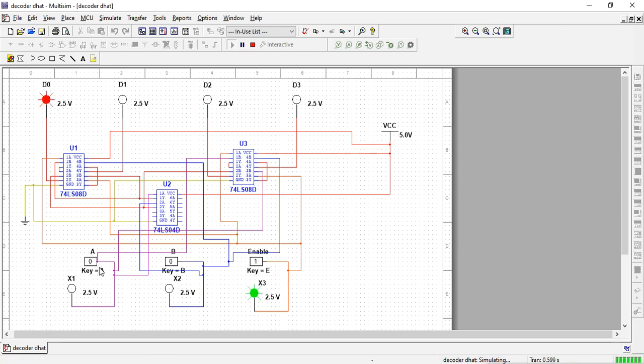The input lines are A and B. When A and B are 0, 0, we get output from D0. Then 0, 1 means we get output from D1. 1, 0 means we get output from D2. Both 1, that is A and B both 1, means we get output from D3. Yes, D3. This is all about decoder simulation.